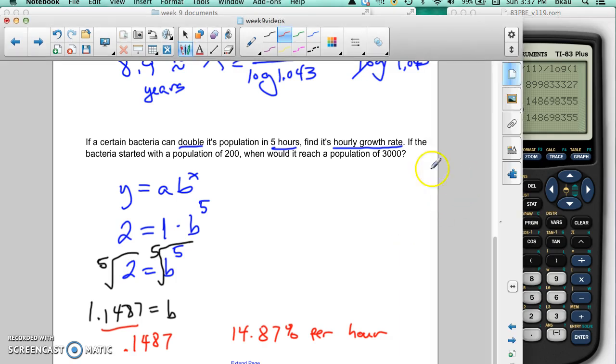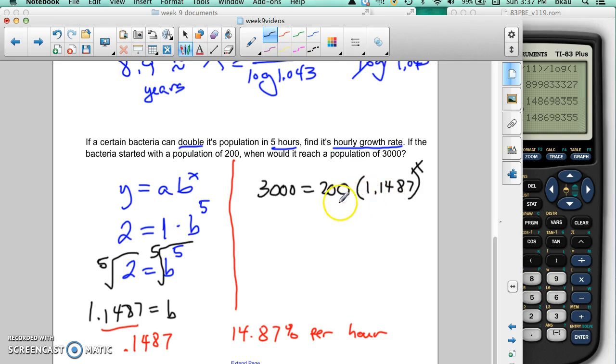So we're going to start a separate problem over here on this side of when it's going to reach 3,000. So 3,000 is our future value. 200 is our beginning value. We know the rate is 1.1487 now, but we don't know the time.